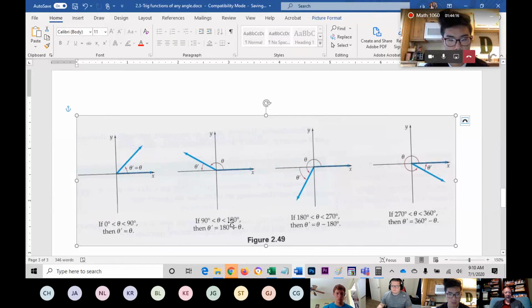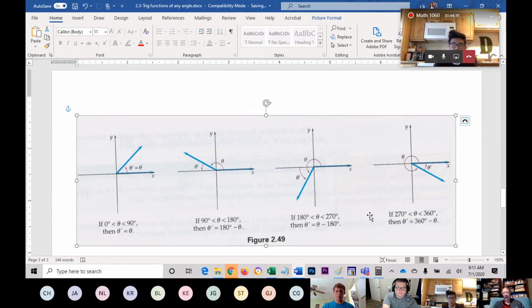If your theta is between 90 and 180 degrees, then your theta prime is going to be 180 minus your theta. Okay, so this is your reference angle. If your theta is between 180 and 270, then your theta prime is going to be your theta minus 180 degrees.